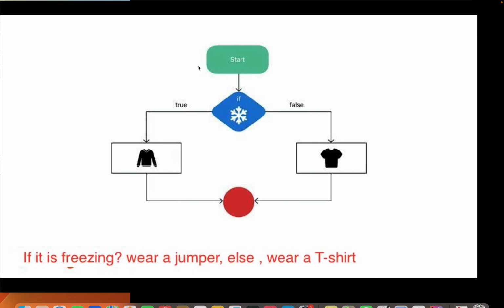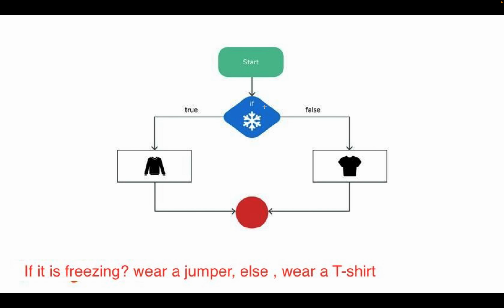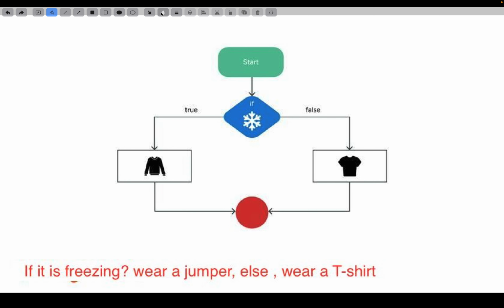Here we go. So look, this is an example where you have if and else as well. So let me explain this first. Now here we'll take the weather value and check if weather is freezing. If the value of weather is freezing, if it is true, we'll print wear a jumper, right? If it is false, now here we have the else part.